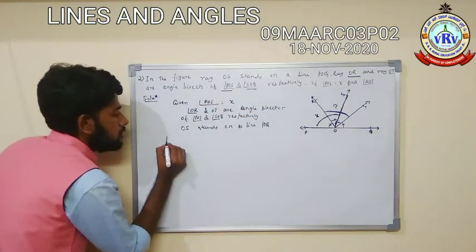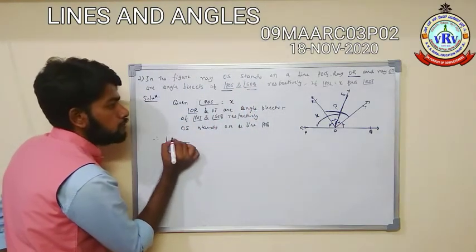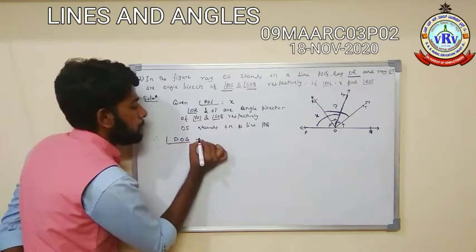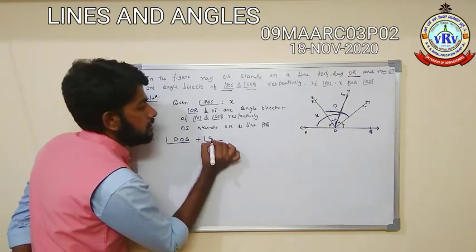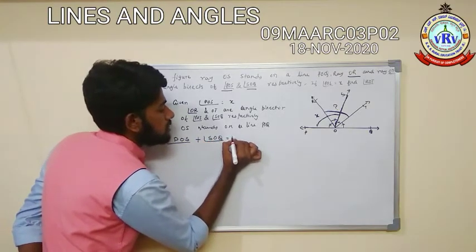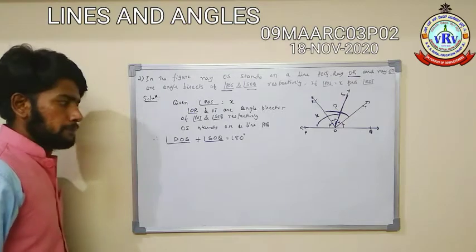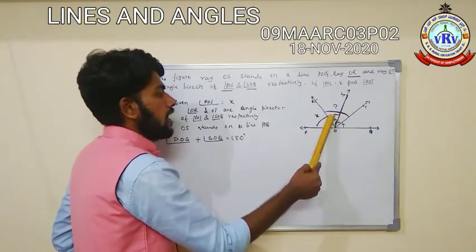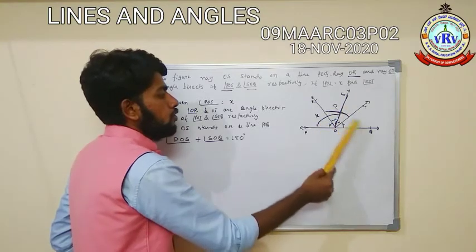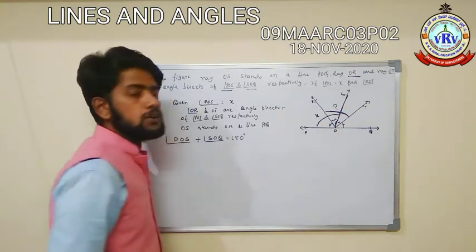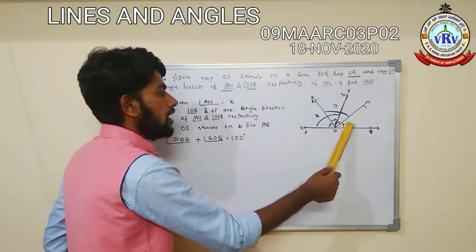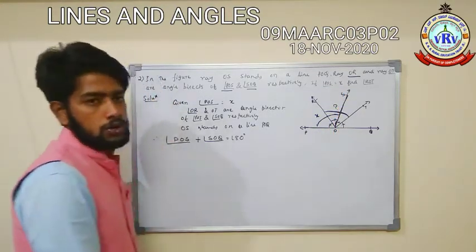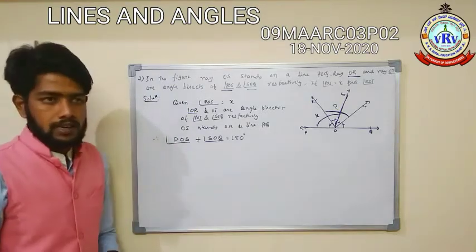Therefore, angle POS plus angle SOQ is equal to 180 degrees. Clear? POS plus SOQ is equal to 180 degrees, because these two are adjacent angles when a ray stands on the line POQ. Therefore, their sum is equal to 180 degrees.